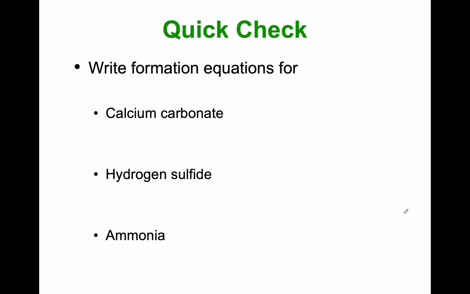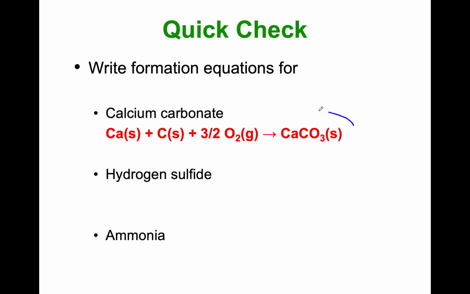All right, now you go for it. Calcium carbonate, hydrogen sulfide, and ammonia. So we have to know what these substances are. That's nomenclature. What's the formula for calcium carbonate? What's the formula for hydrogen sulfide? What's the formula for ammonia? And then go for it. Write it from the elements, 1 mole of product. You can see here, start from the right. If you've got 1 mole, then calcium's an element, carbon's an element, oxygen's an element. Calcium's a metal, that means its standard state is solid.